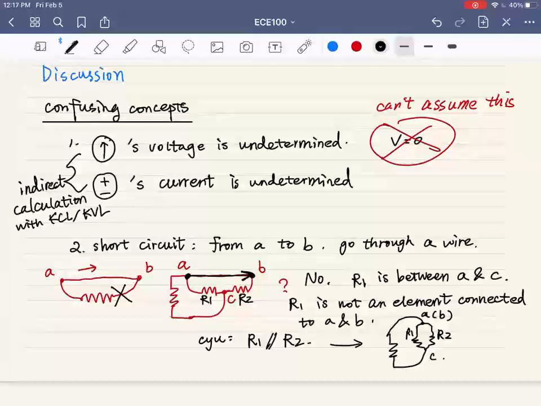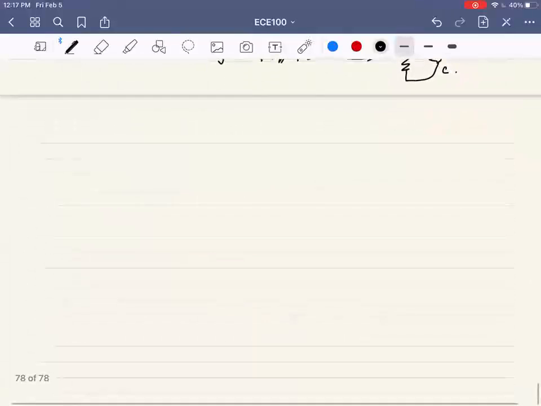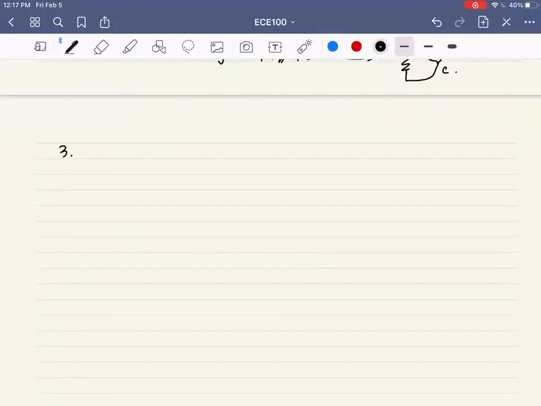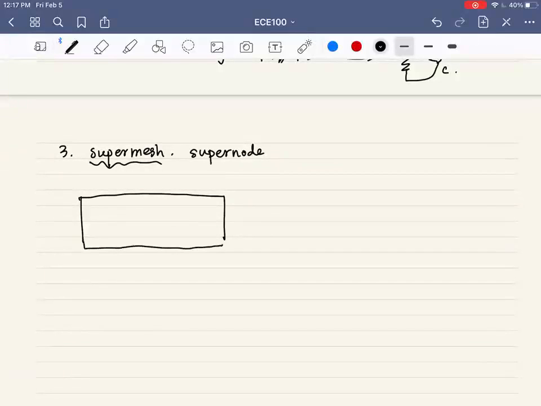See here. Okay. And the third confusing concept is supermesh and supernode. I noticed that many of you know that we need to apply supermesh or supernode in the network analysis, but some mistakes are made in the process. So let's talk about supermesh first. Let's suppose we have a circuit and there are 3 meshes here, right?